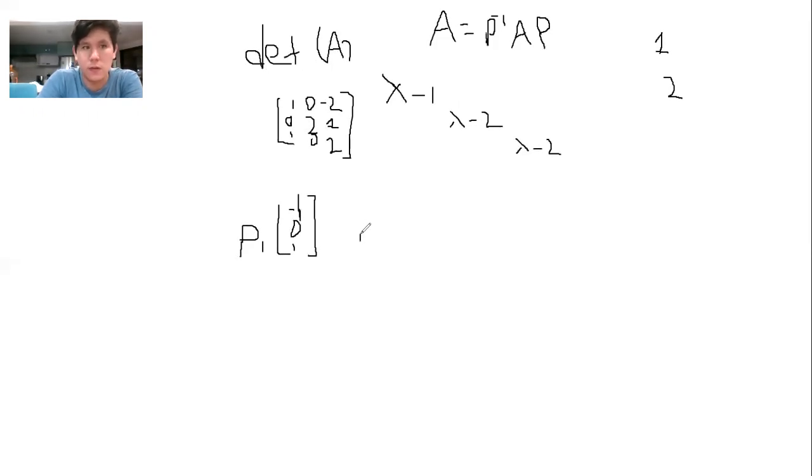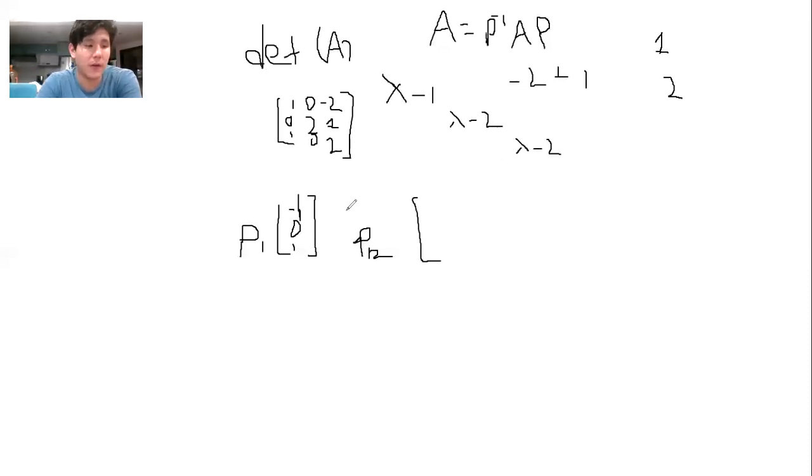We find the other one, that will be p2. In this case we're going to substitute this by 1. So just so you know, we put minus 2 plus 1. That will be equal to minus 1. So it's 1 minus 2. No, it's 2 minus 1.